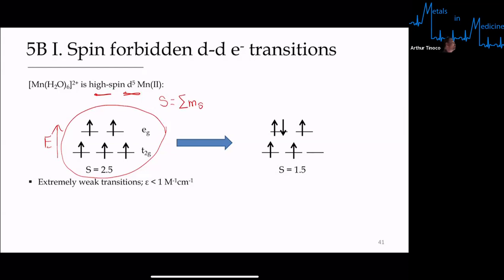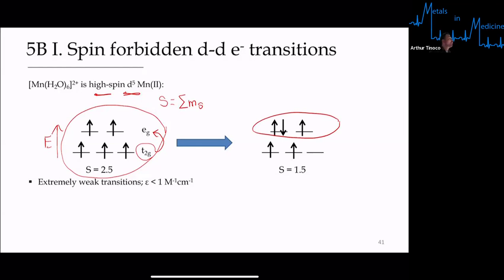Let's imagine the transition of one of those electrons from t2g into eg. What's going to happen? One of those electrons is going to go into these orbitals up here, and there's going to be a sharing of an orbital, but very importantly, you're going to have a flip of the spin, right? Because you cannot have 2 electrons in the same orbital with the same spin. That would violate what we know as far as the quantum rules.